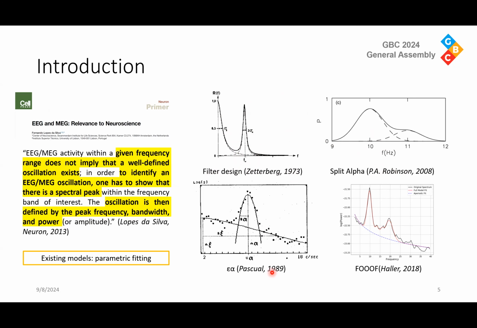And in 1989, Roberto Pascual-Marqui tried to decompose the alpha and the background spectra using the Student t function, but which only pays attention to the alpha peak.